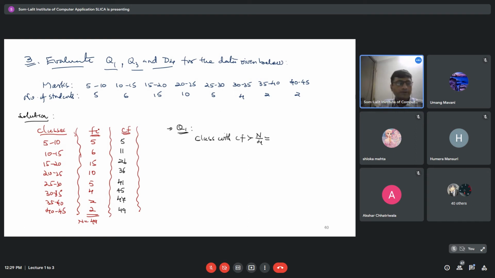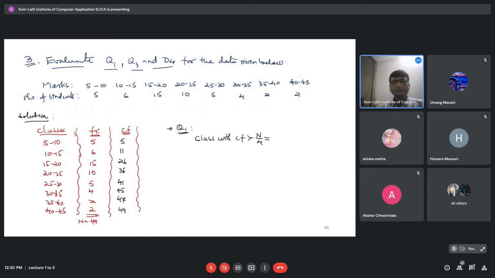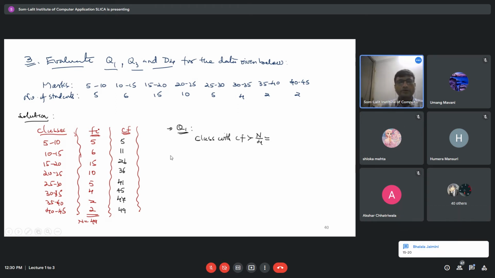Find out how much you are getting, which class you are getting. 15 to 20. Into 20. This is, I think, 12.25.